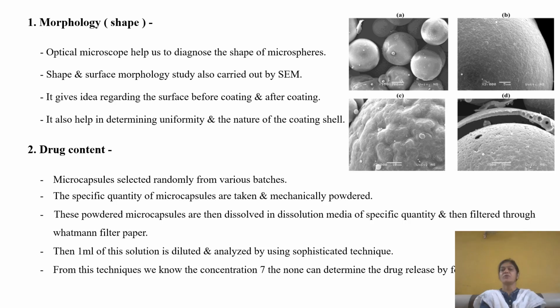Generally, microcapsules are selected randomly from the various batches, and a specific quantity of microcapsules is taken, then mechanically powdered. These are dissolved in a specific quantity of dissolution media, then filtered through Whatman filter paper, and the solution is analyzed by a sophisticated technique, that is UV visible spectroscopy.